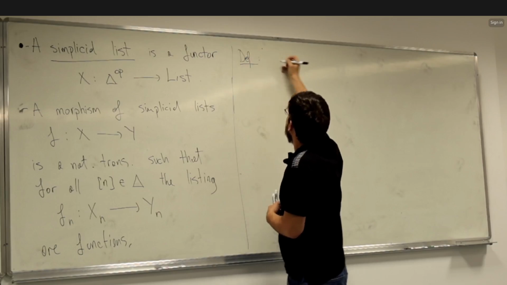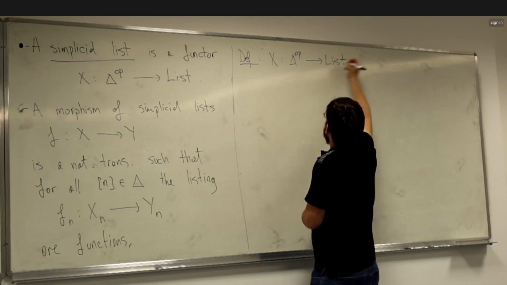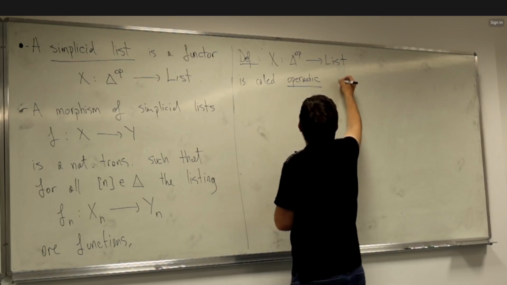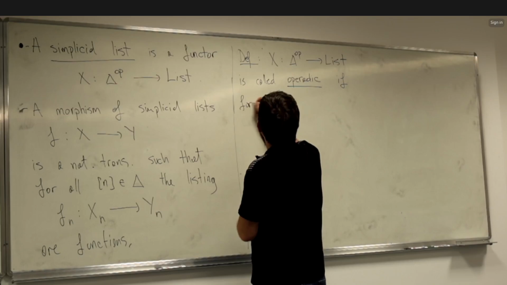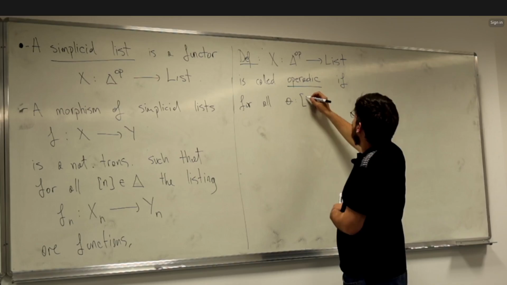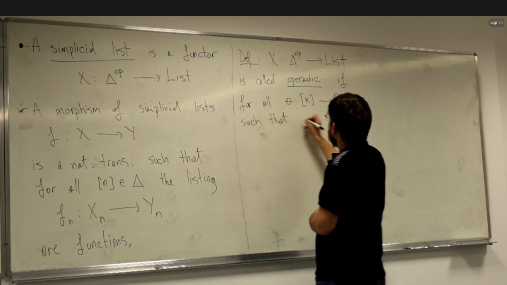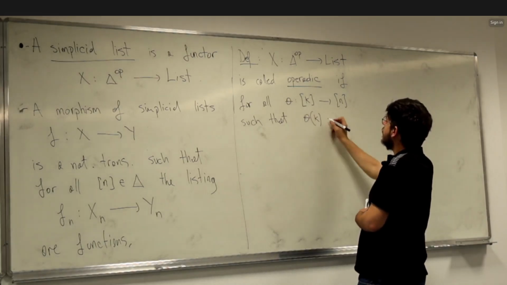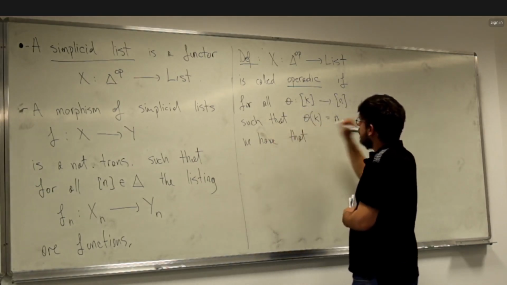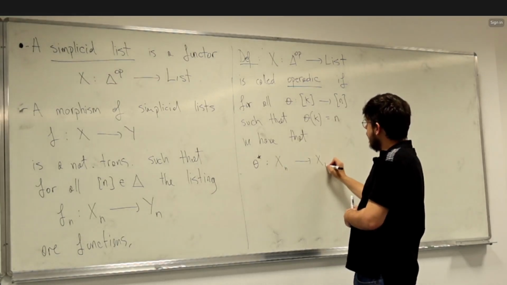So here I will write a definition. A simplicial list is called operatic if for all morphisms in Delta, say theta from k to n, such that theta of k, so the last vertex here goes to the last vertex here, we have that the induced morphism from Xn to Xk is a function.